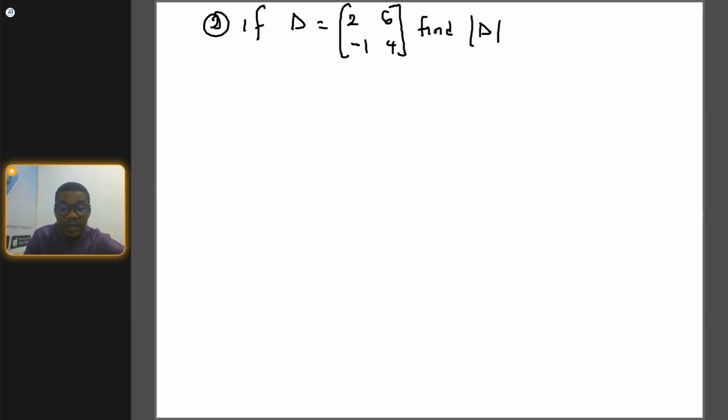If you are asked to find the determinant of this, we are still going to use the approach we use at the concept: multiplying the major diagonal minus the minor diagonal. The major diagonal in this is 2 and 4.